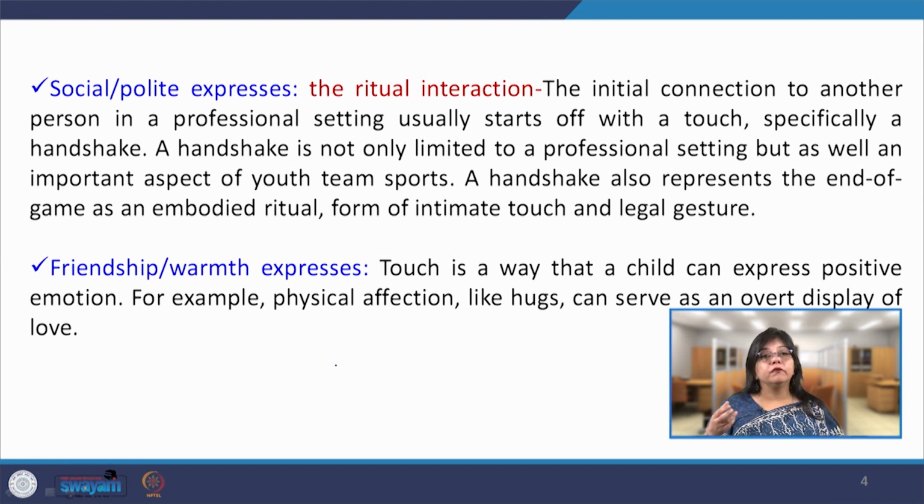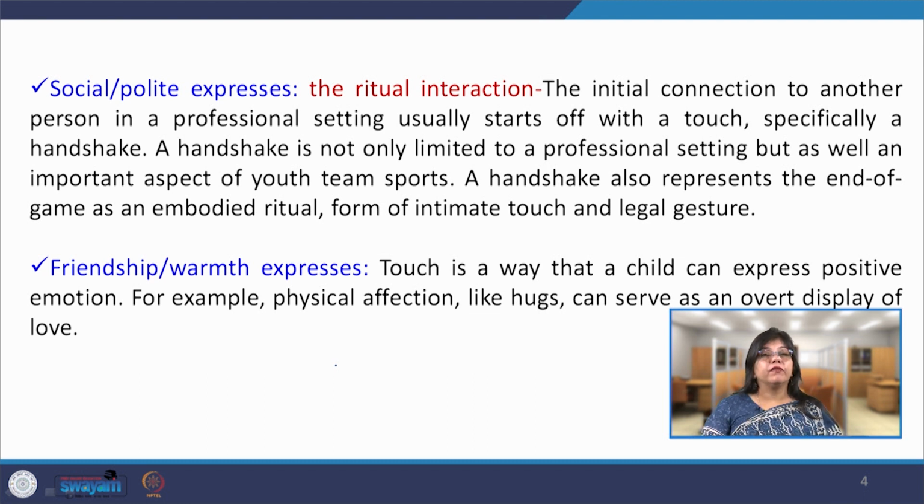So in all 3 examples of a handshake, the commencement of an event, the expression of encouragement, or the end of the game, it clearly expresses a ritualistic interaction which is a social and polite expression. This is another category of haptics.